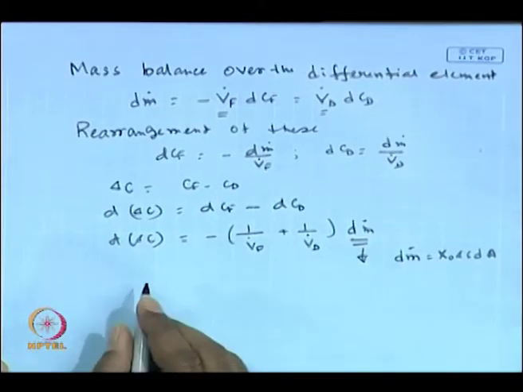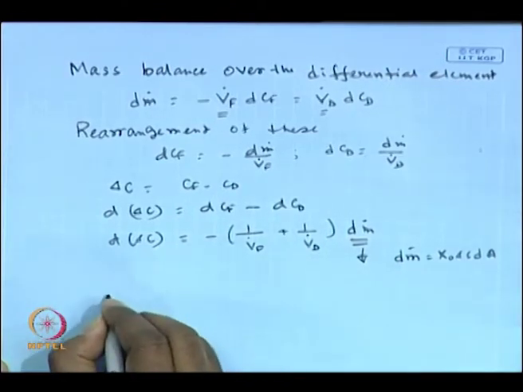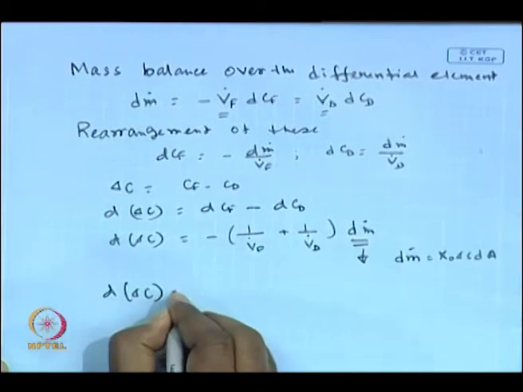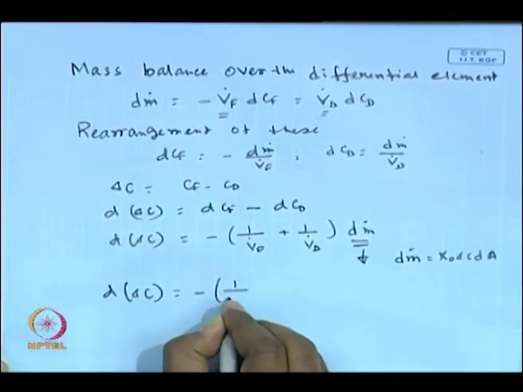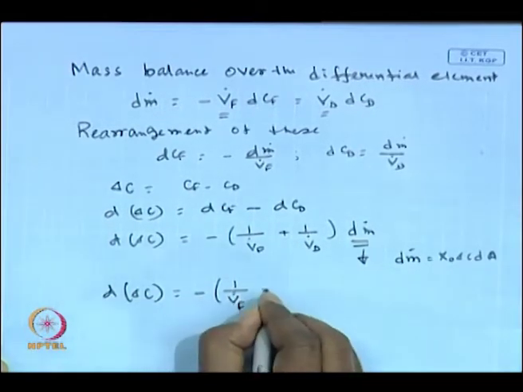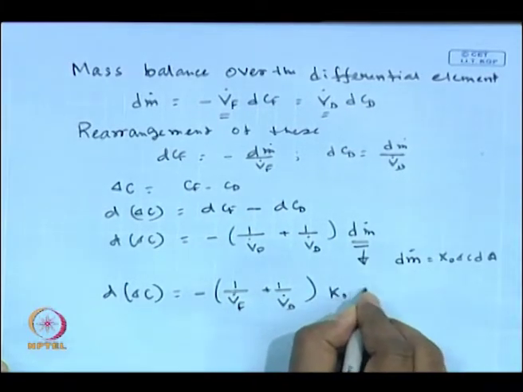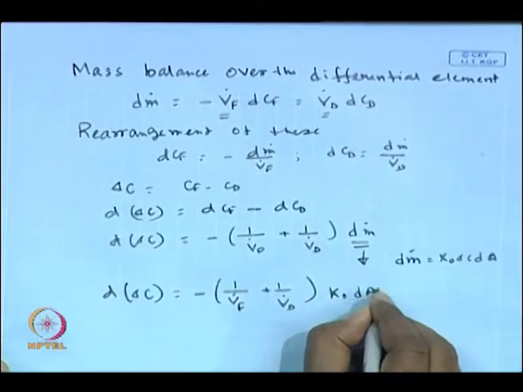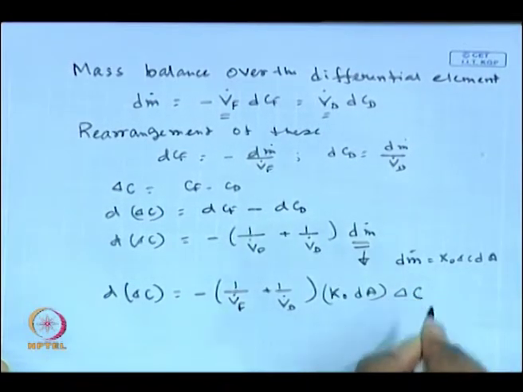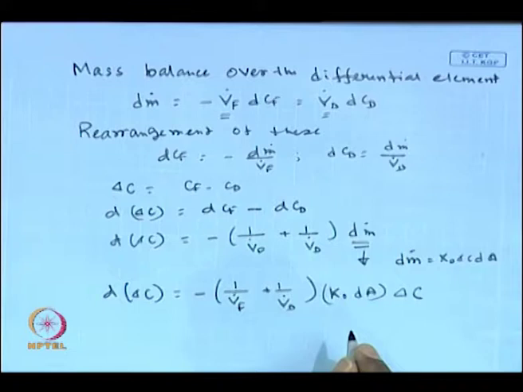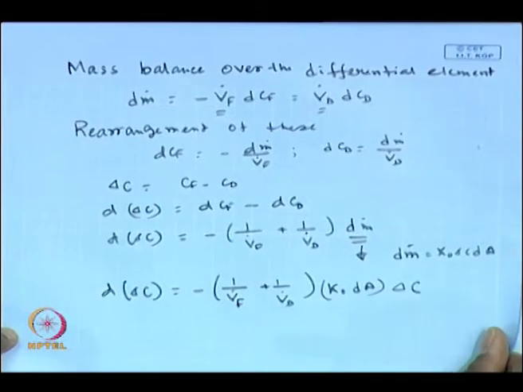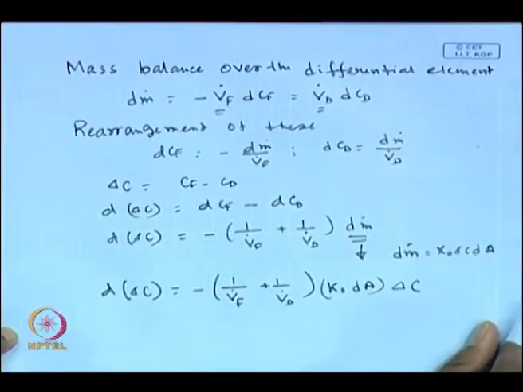So, if you put it there, you will be getting d of delta C is nothing but minus bracket 1 over Vf dot plus 1 over Vd dot times k0 dA times delta C. Okay. So, this gives almost the same type of analysis in heat transfer, that whatever we have done in a countercurrent heat transfer analysis.